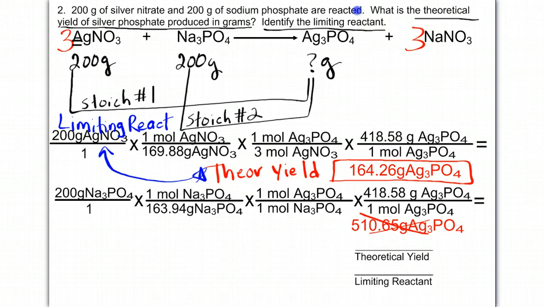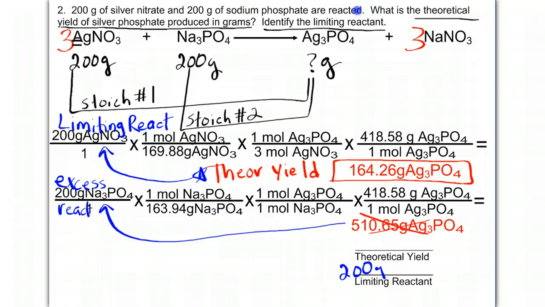And because this was in excess, that makes this my excess reactant. And so my limiting reactant would be written as 200 grams of silver nitrate, and my theoretical yield would be 164.26 grams of silver phosphate.